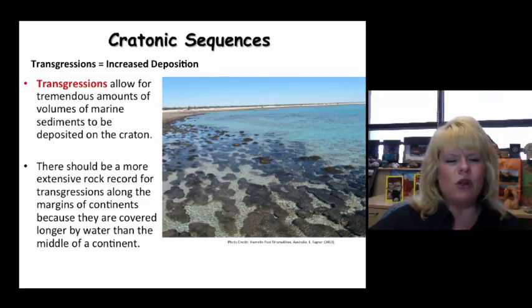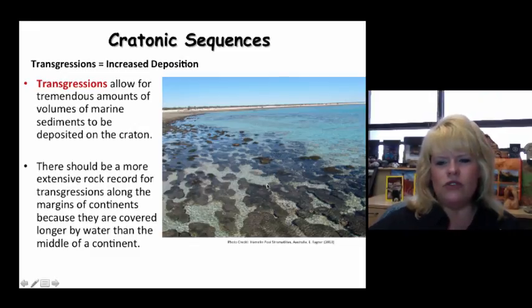So transgressions will allow for huge quantities of materials to get buried and deposited. So you should see a more extensive rock record from a transgression than you would from a regression, simply because the continents get covered and you have a chance during the ocean coverage to deposit more sediments.